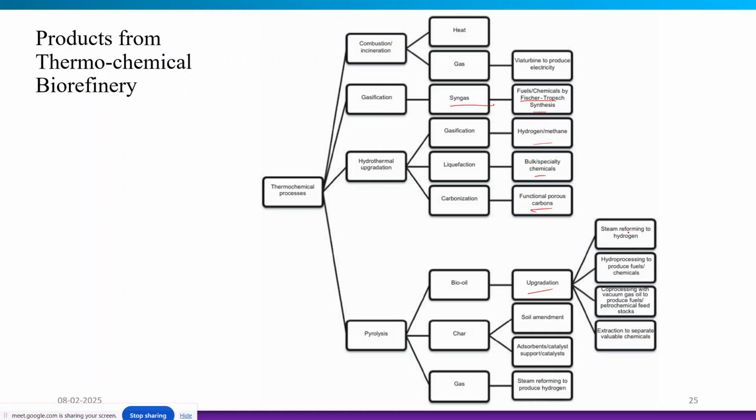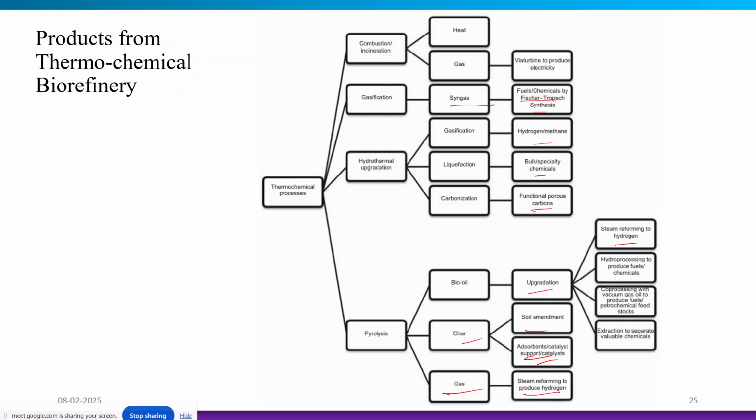Where for the upgradation we also get the steam reforming to get hydrogen. Hydroprocessing to produce fuels and other chemicals. So char, these are highly used in the soil amendment process and highly used as a catalyst or adsorbent, this pyrolyzed char.